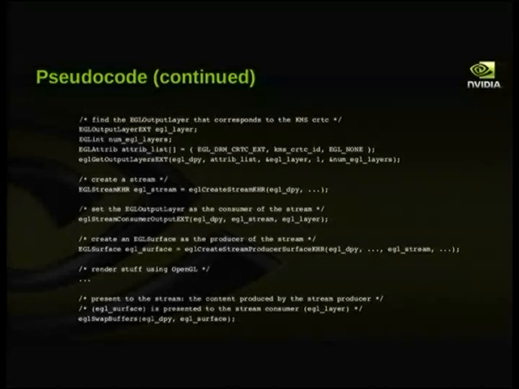Render some stuff to the EGL surface, and then finally call EGL swap buffers on that surface. So the surface is set up as the producer for that stream. So the presentation flows from the EGL surface to the EGL output layer and then is displayed. So that's the basic idea from an API usage standpoint.